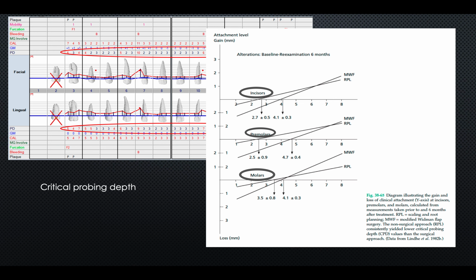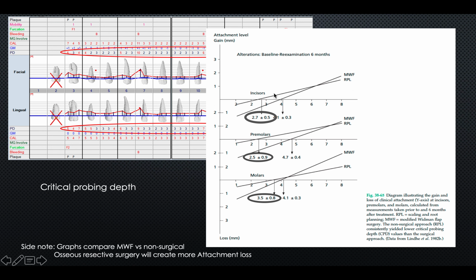You have two lines that cross the x-axis, for the modified Widman flap and for scaling and root planing. We are going to focus now on this orange line, which is only scaling and root planing. Forget about the modified Widman flap.